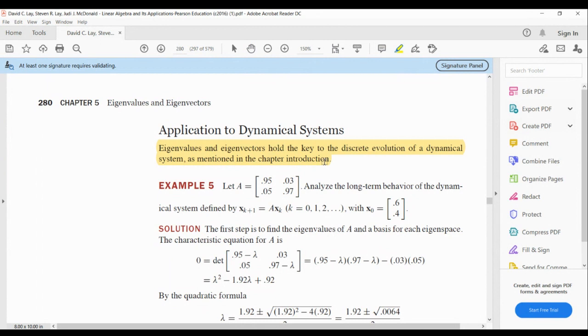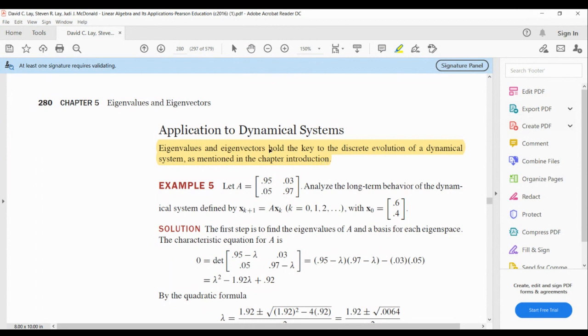So for instance, you're going to see later on, and you'll have a MATLAB assignment on it, that you can determine if a species is going to survive or not using eigenvalues and eigenvectors. You can determine the evolution of a system. You can determine what will eventually happen to the species. I'm just saying that it's absolutely beautiful.